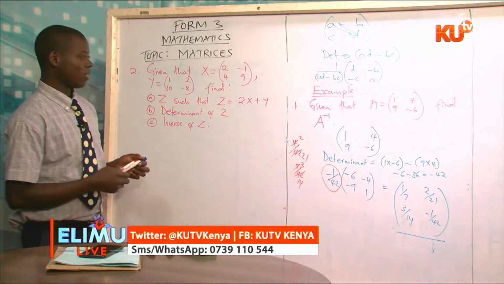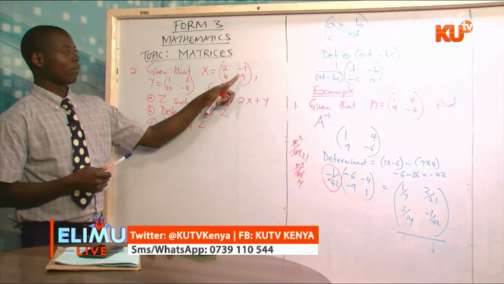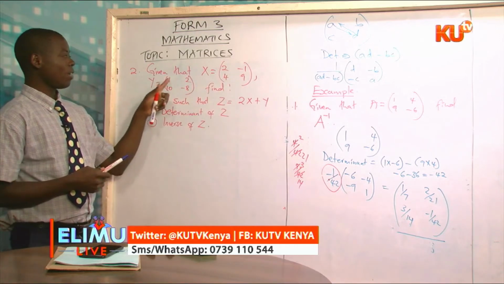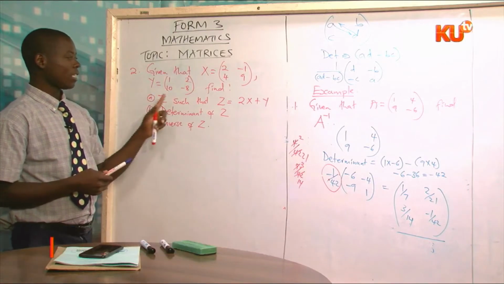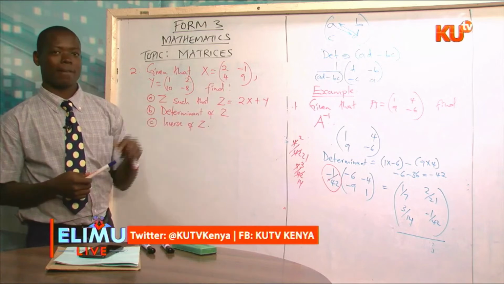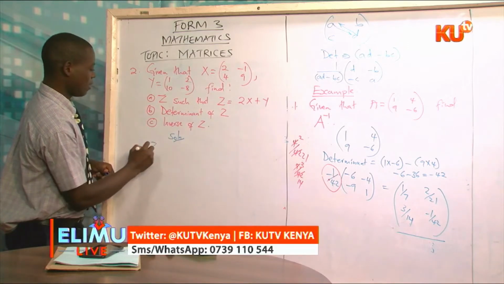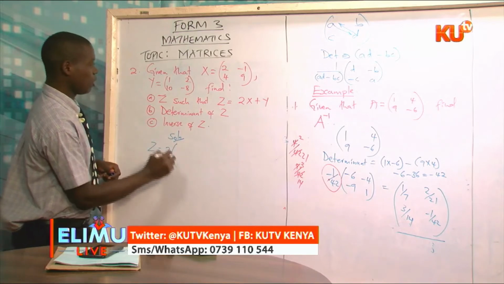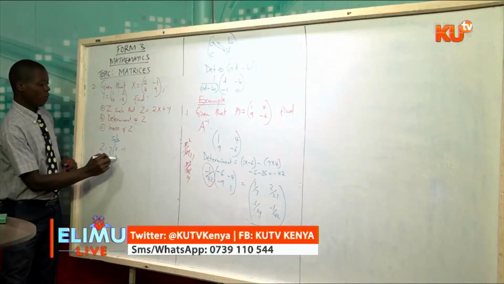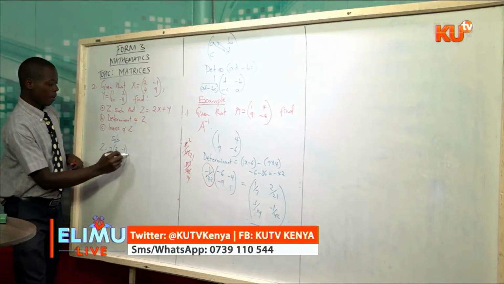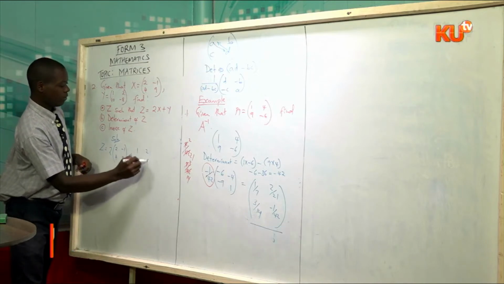So where do we start, students? We have X, 2, negative 1, 4, 9, and we have Y, 1, 2, 10, negative 8. The instruction is that Z is 2X plus Y. So we'll start from that point and say our Z will be equal to 2 into X, where X is 2, negative 1, 4, 9, plus Y, which is 1, 2, 10, negative 8.